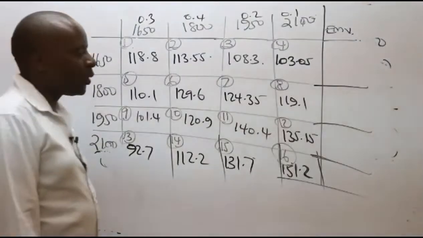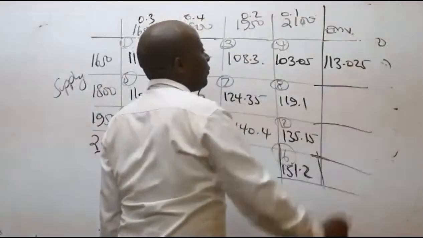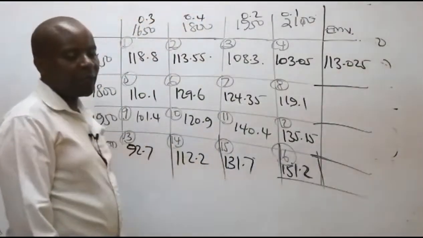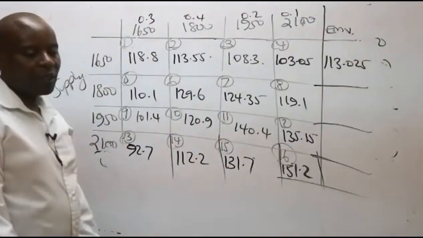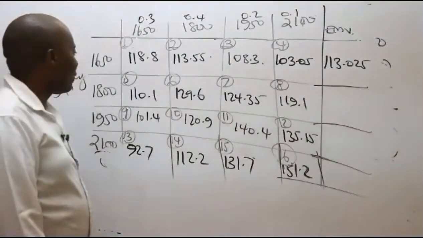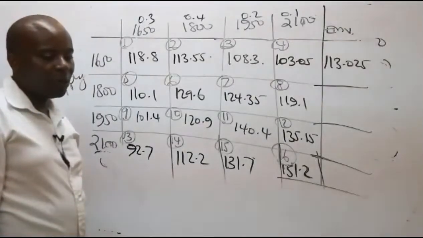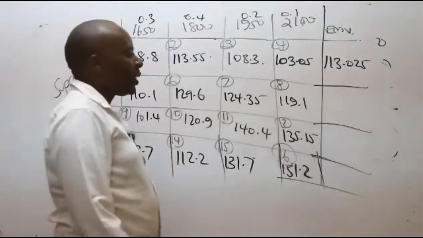The first expected monetary value is 113.025. From there, we have the second one, 121.65.